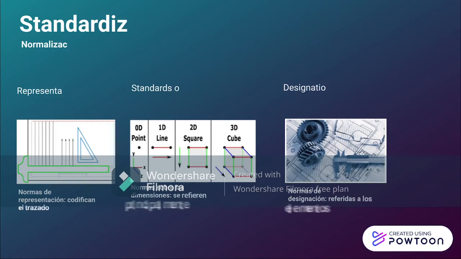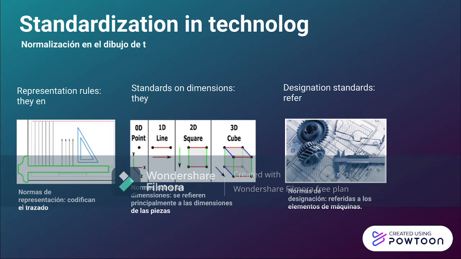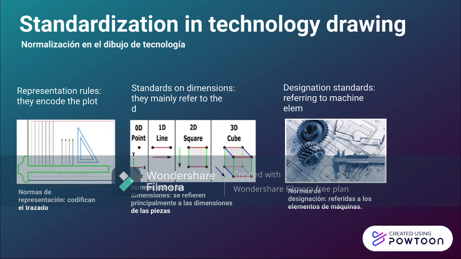It is divided into three categories: representation rules, which encode the drawing; and standards on dimension, which mainly refer to the dimensions of the pieces.